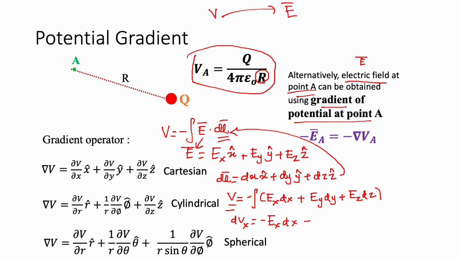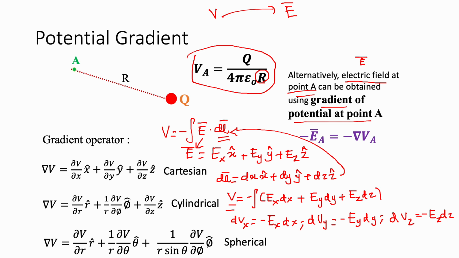In the y component, dVy is equal to negative Ey dy, and dV in the z component is negative Ez dz.